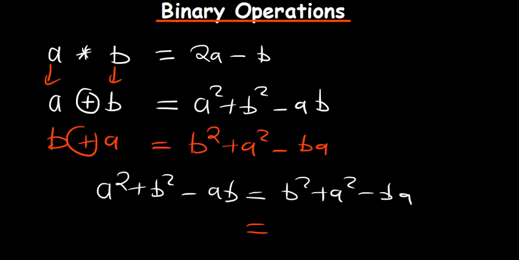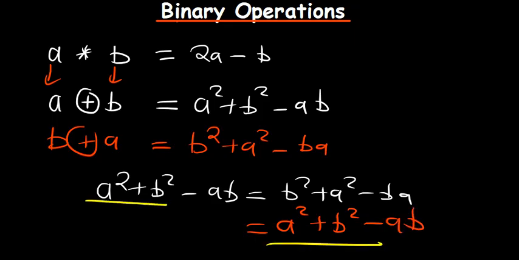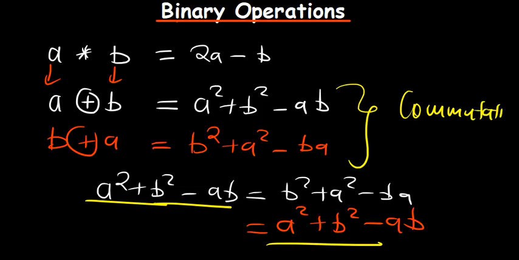I know B squared plus A squared can be written as A squared plus B squared. I'm still right. I've just swapped them. And then BA can be written as AB if I want to. So you see that these are actually the same, right? So in such a case, we can say this is commutative. It doesn't matter what you start with, you still get the same result, whether you start with a B or an A. So that's the concept of commutativeness under binary operations.